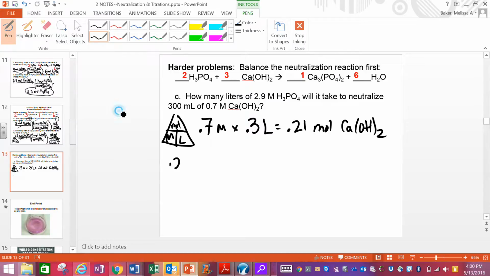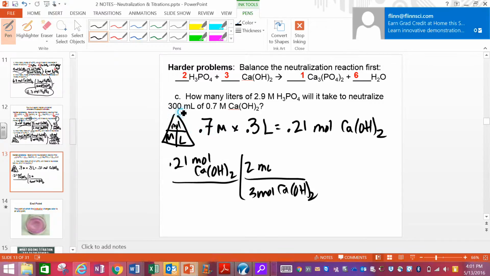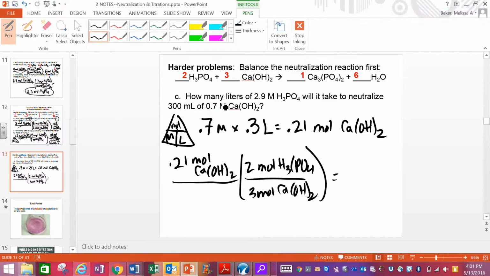So 0.21 moles of calcium hydroxide, and we know for every 3 moles of calcium hydroxide, you only need 2 moles of H3PO4 to cancel that out. So that comes out to be 0.14 moles of H3PO4.